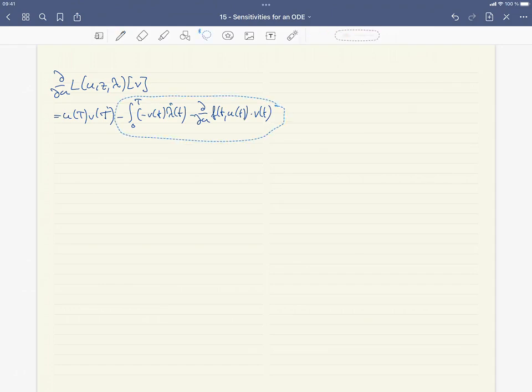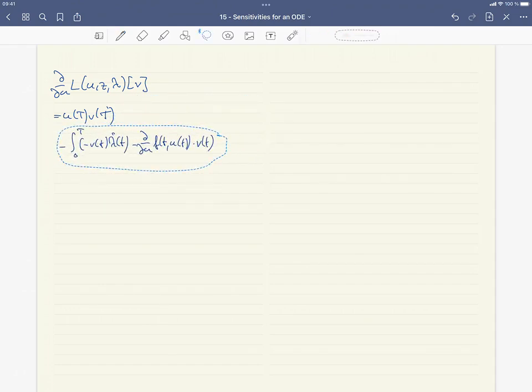And actually, I should take this into the next line here: u of t, v of t, times lambda of t dt. So this was the derivative with respect to u in the direction v, and I just copied the lambda. And then the final term is minus v of T, lambda of T, which was just a linear term in all of it.